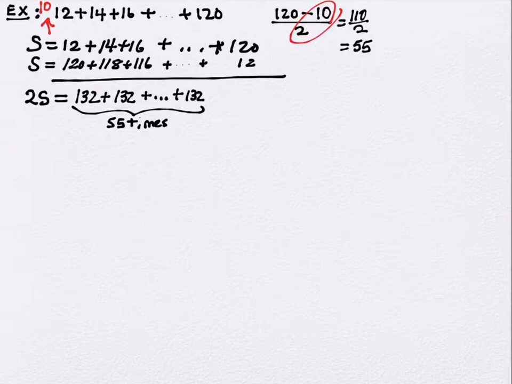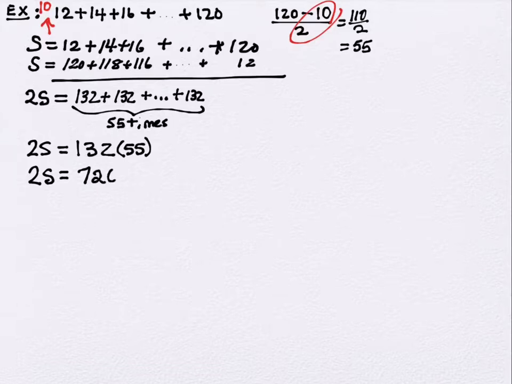Okay, let's finish this out so that we can say we've completed it. The sum of 2s now equals what? 132 times 55. Somebody grab a calculator for us. What is 132 times 55? I made the numbers up, so I don't have the answer. Oh, Caitlin's got one for us. 7,260. Thank you so much.